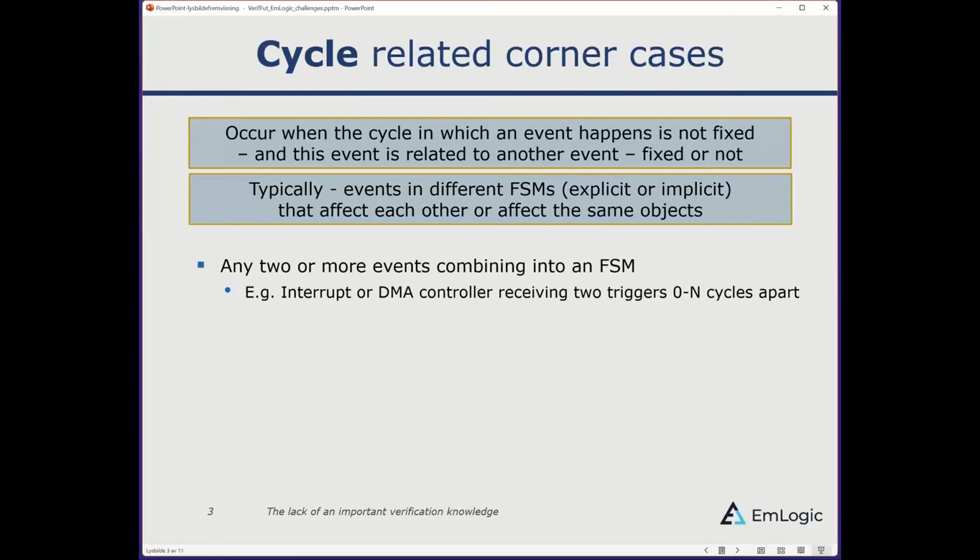For example, that could be any two or more events combining into a state machine. One example could be an interrupt controller receiving two interrupts in the same clock cycle, or it could also be a corner case when you have two interrupts occurring 1 or 2 or 3 cycles apart. That depends on your design.